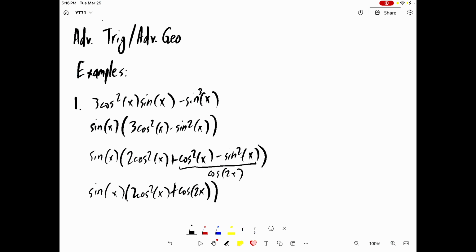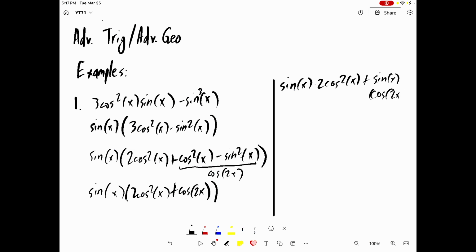Now, in this, we're going to actually distribute across the entire equation. What we have is sine of x times 2 cosine squared x, plus sine of x times cosine of 2x. What you want to do here is look for any properties again, and you always want to do this on every step of the way if you're not directly simplifying from a property.